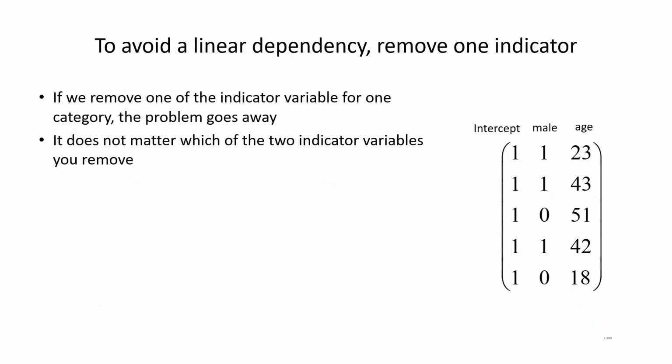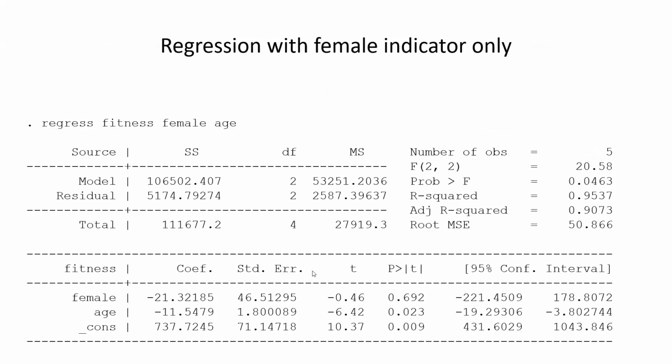So to avoid this issue, we just have to leave one indicator variable out. Rather than using both, we just use one of the two, and which one doesn't matter at all. The regression will give slightly different output, but the interpretation is going to be the same.